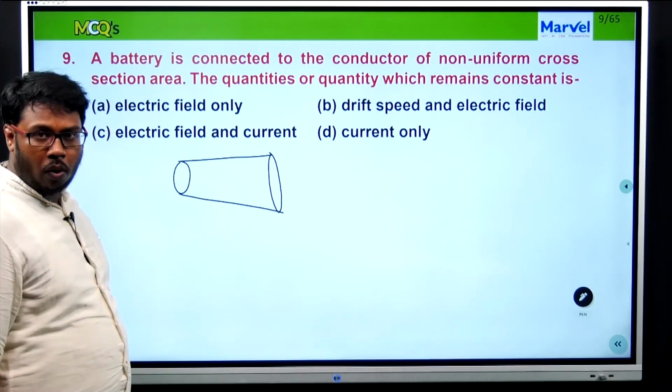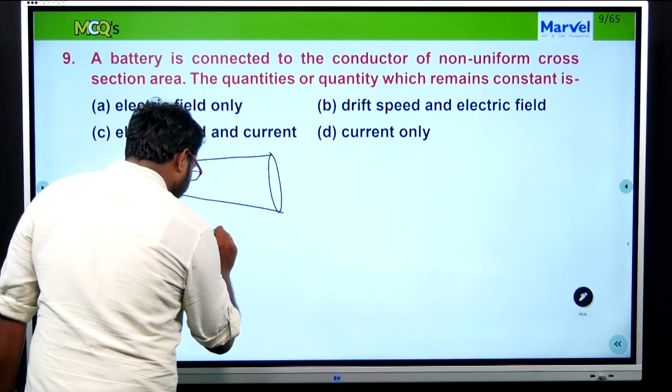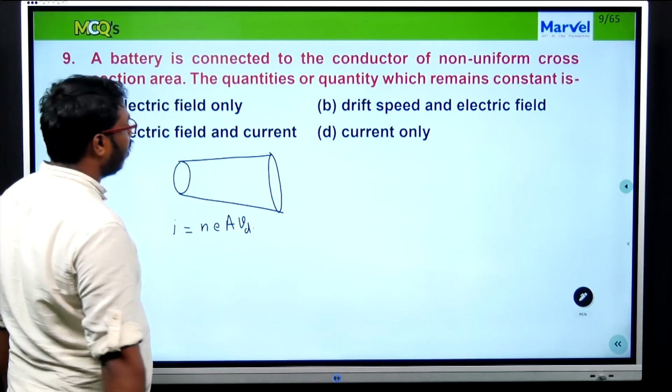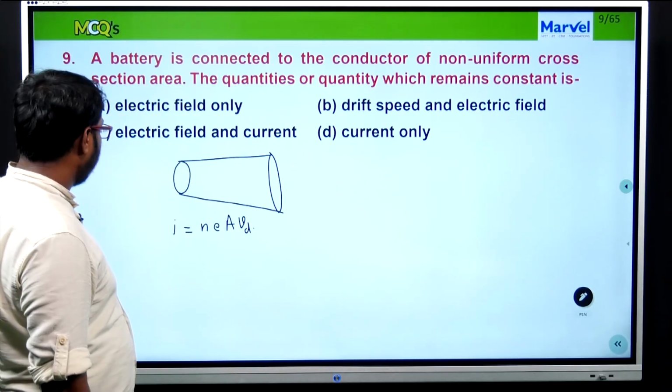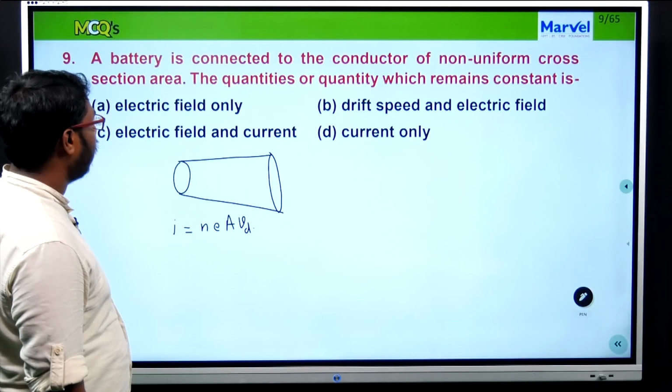Now, I is equal to N into E into A into Vd. This is the value of the current.